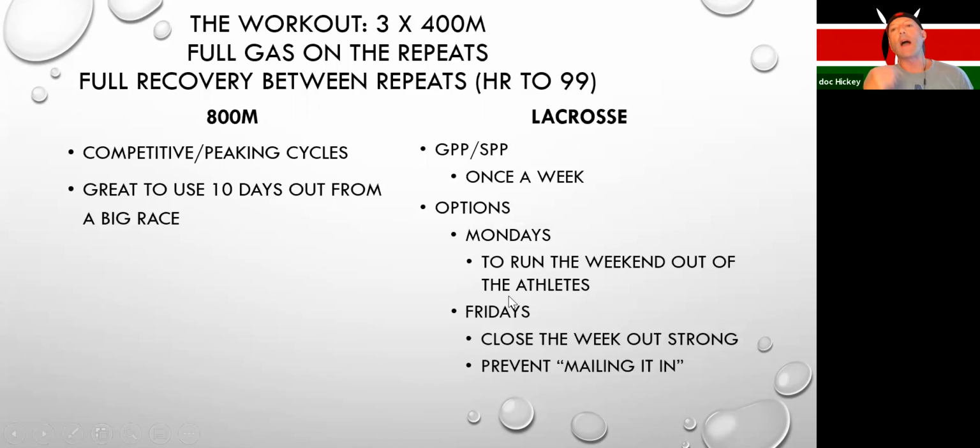I could also program this workout on Fridays. Programming it on Fridays is going to encourage the athletes to close the week out strong, and it's also going to prevent the athlete from mailing in Fridays. And some of the athletes I work with, they're really good Monday, Tuesday, Wednesday, Thursday, and then Friday they just kind of go off on their own planet.